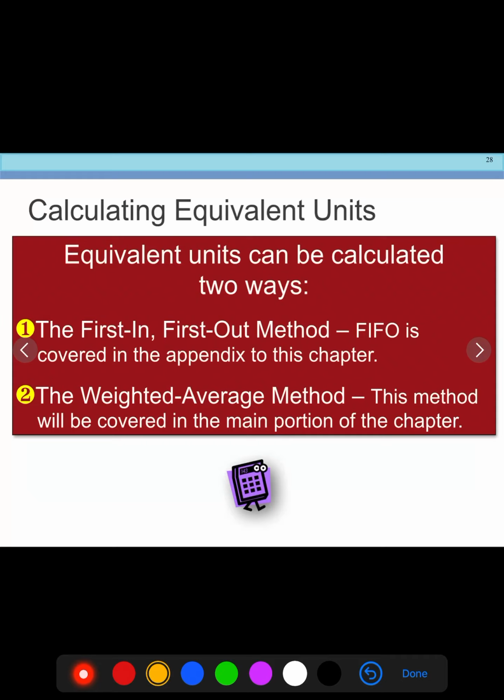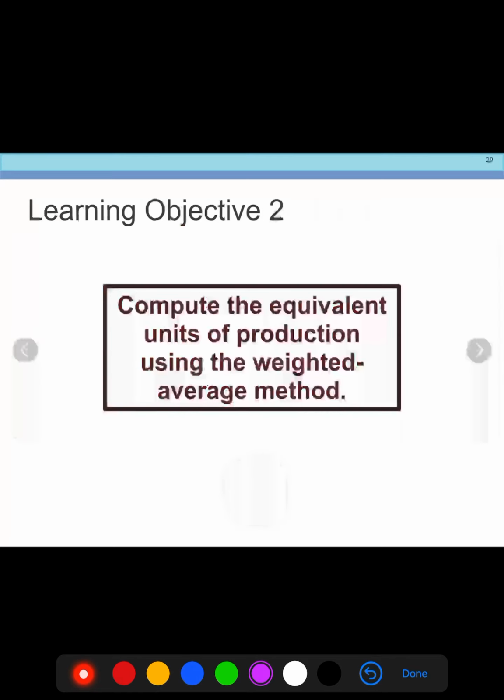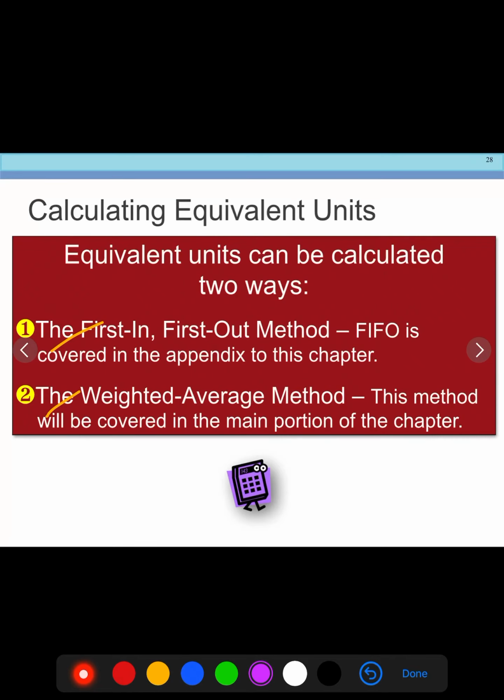In terms of calculating, your equivalent units can be calculated in 2 ways. You use a FIFO and you use the weighted average method. So basically, class, when you use the first in first out method, again, in process beginning is considered.